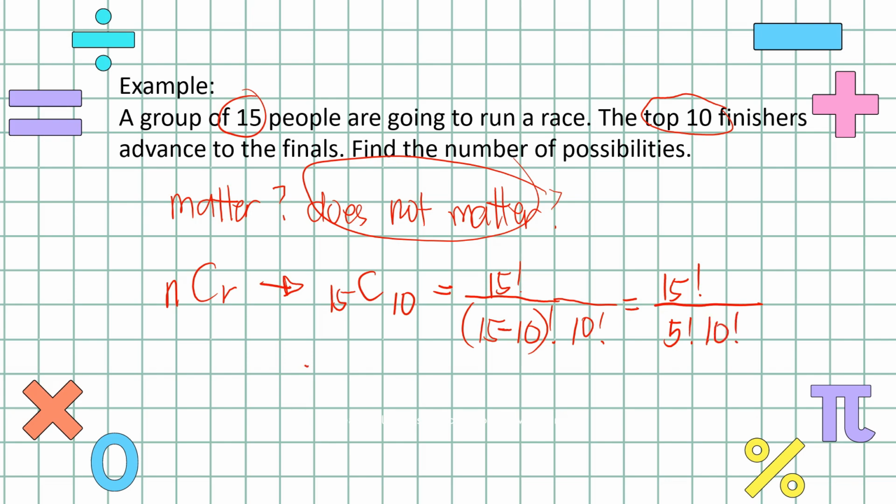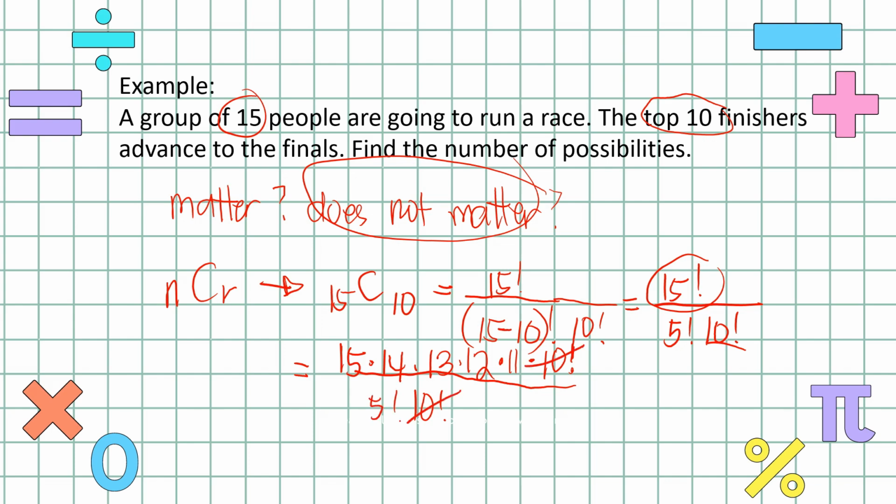Now to solve this kind of problem, you may expand this 15 factorial down to 10 factorial. Why? Because what will happen is that we'll have 15 times 14 times 13 times 12 times 11 times 10 factorial, and that 10 factorial will be eliminated because we also have 10 factorial in our denominator.